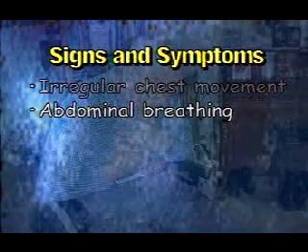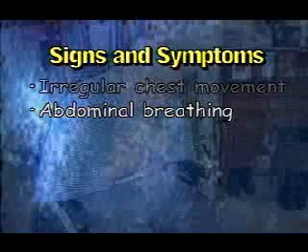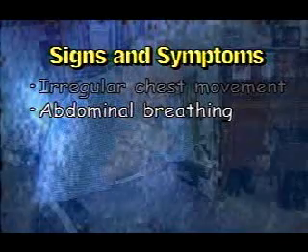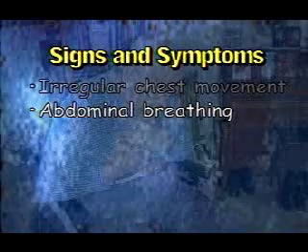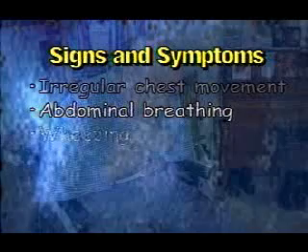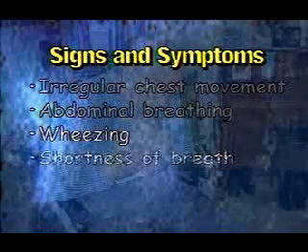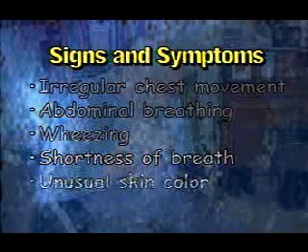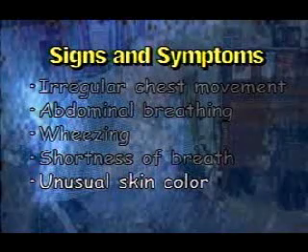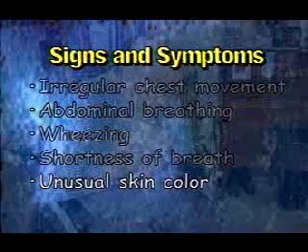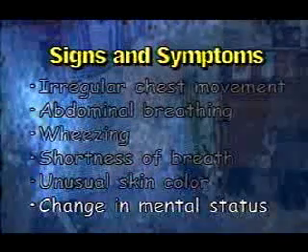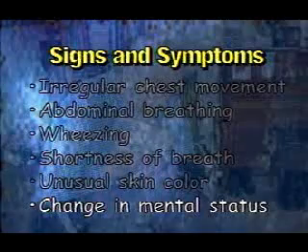There can be abdominal breathing, meaning instead of the chest rising up and down, there may be in and out of the abdominal muscles instead. There can be wheezing, shortness of breath, some unusual skin color, might be gray, dark blue, pale, dusky, and a change in mental status.